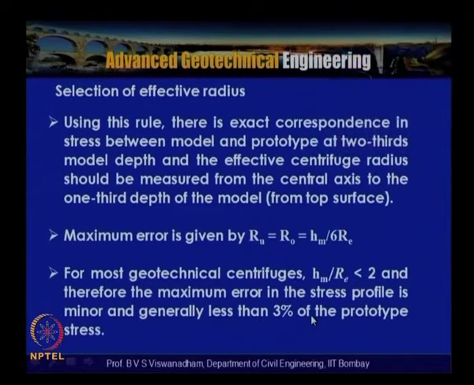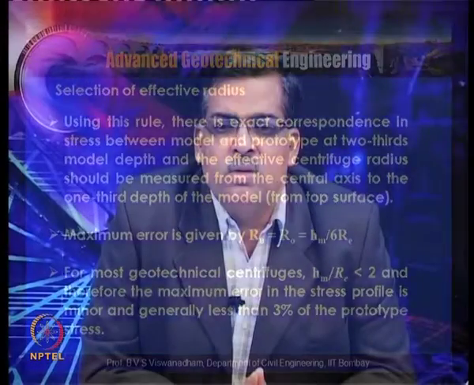If Hm by Re is maintained at 0.2, then 0.2 by 6, into 100, is about 3.33%, so the variation in the stress is minor. If suppose Hm by Re is equal to 0.5 or something like that, the error will be higher and greater than 3%.